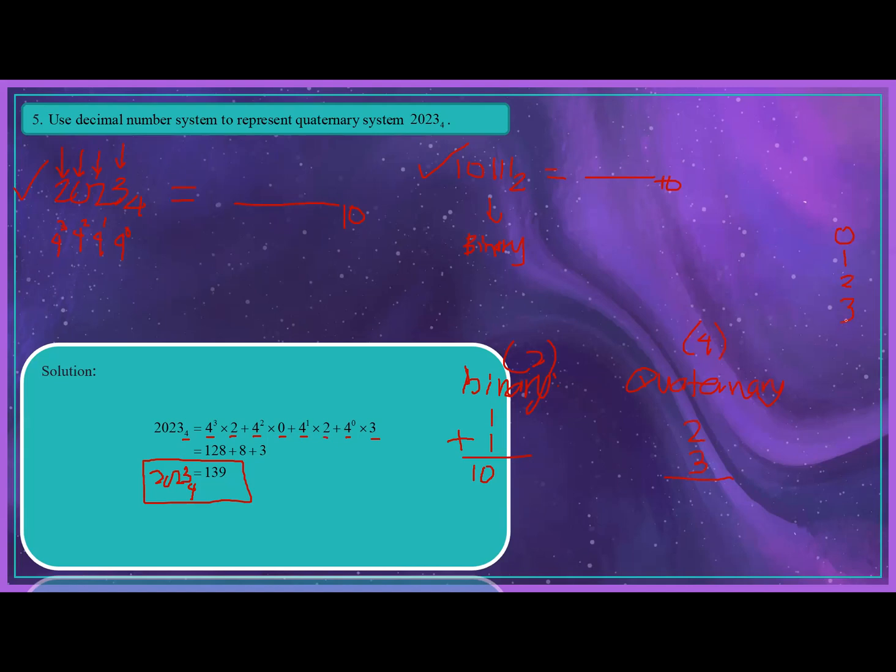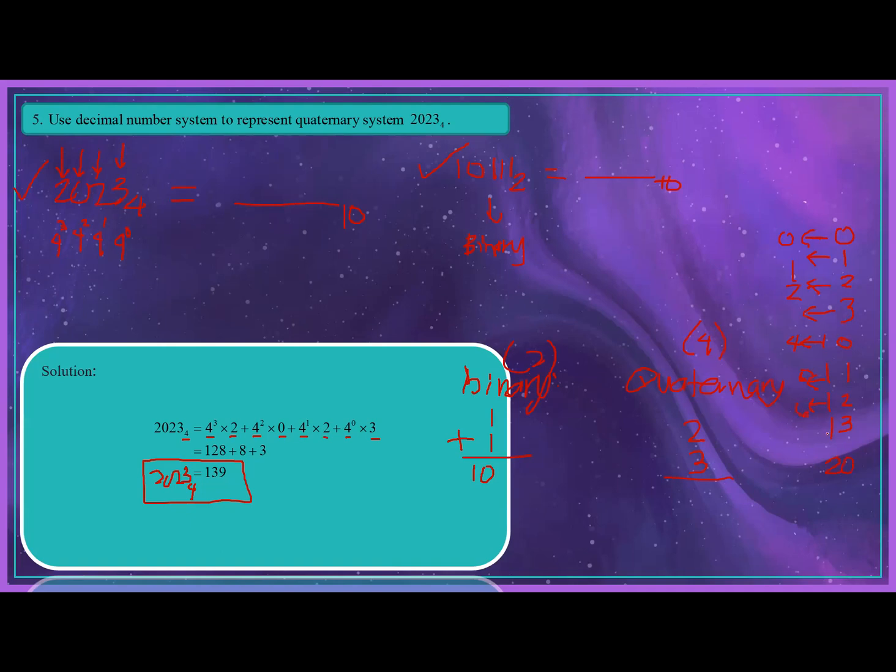So is there a 4? No, there is no 4. So you jump to 10, then 11, 12, then 13, then 20. Okay, so basically this is the quaternary system. In decimal system, this will be our 0. This is our 1. This is our 2. This is our 3. And this is our 4. Okay, this is our 5.